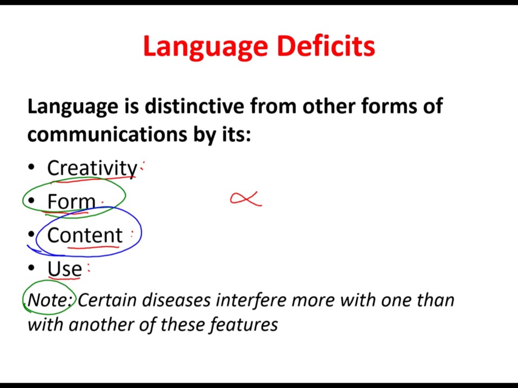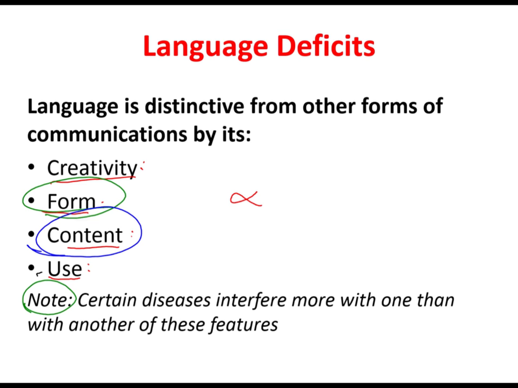Content. Content can be affected in Wernicke's aphasia, and again, we'll see this shortly, in conduction aphasia, and then also in schizophrenia. So content is the meaning, so those could be disrupted in those diseases. Again, Wernicke's aphasia, conduction aphasia, or schizophrenia.